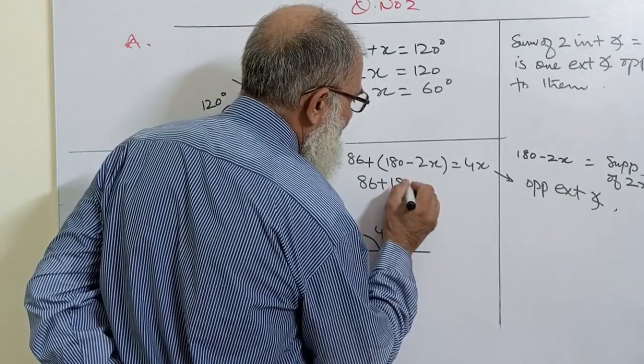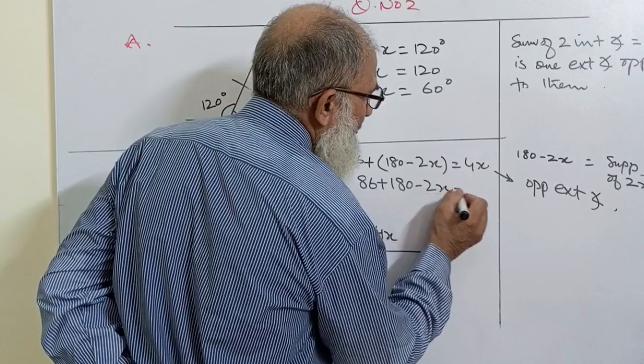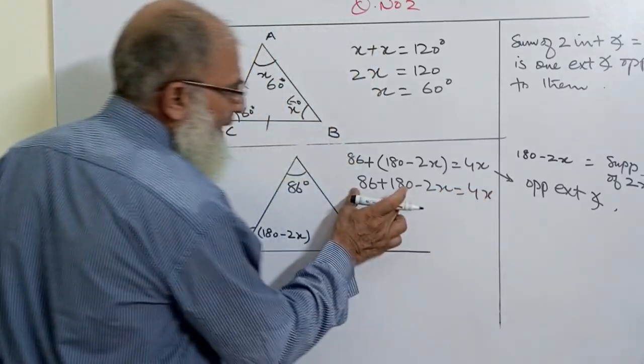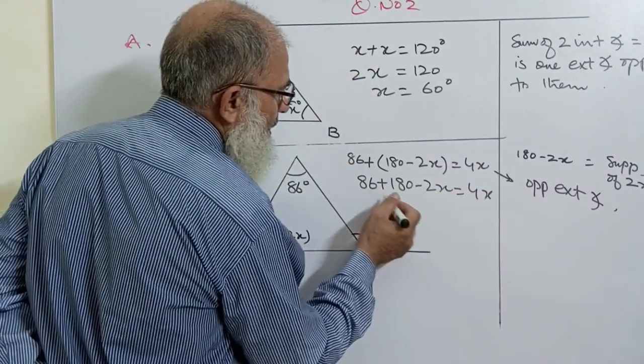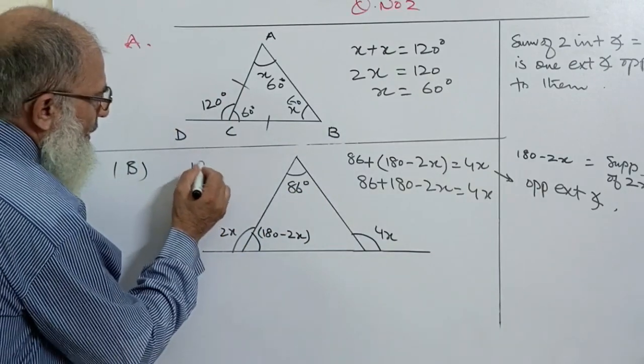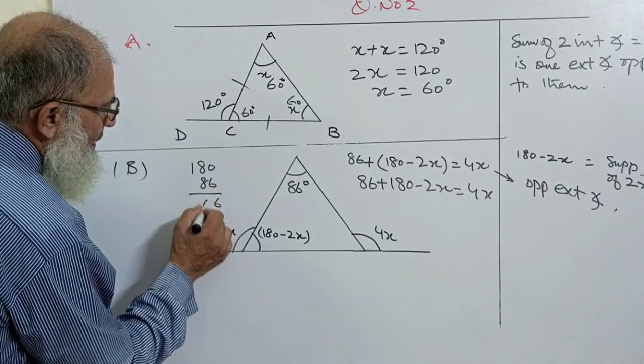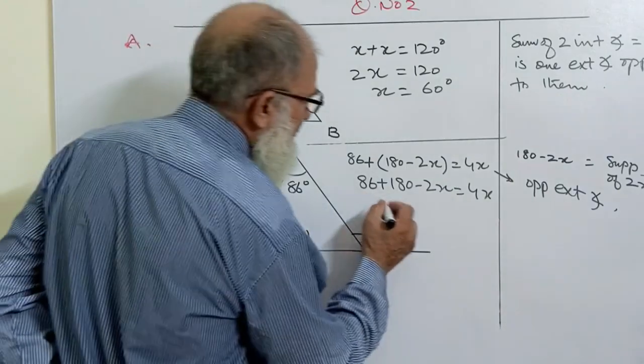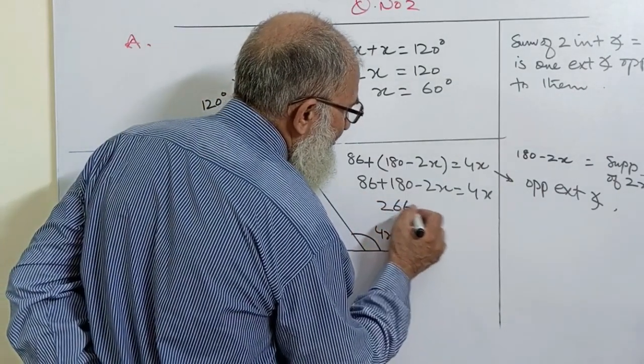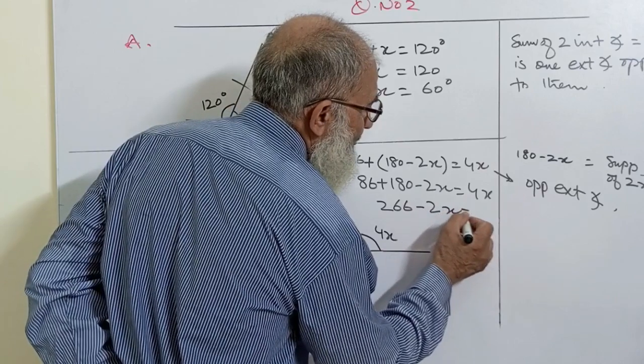86 plus 180 minus 2x is equal to 4x. We will add the two, 180 and 86, 266. Now it will become 266 minus 2x is equal to 4x.